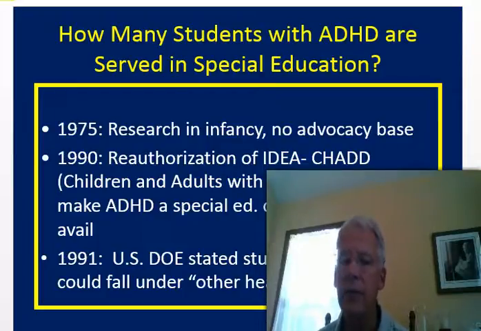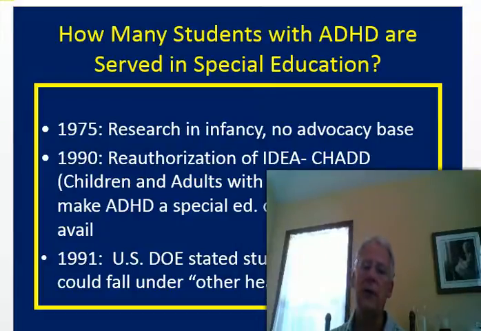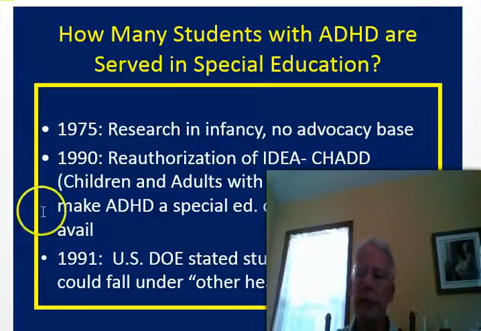But this did not happen. And so in 1991, the DOE, Department of Education, stated students with ADHD could fall under what they call an other health impaired category. That's a cluster of other disabilities.